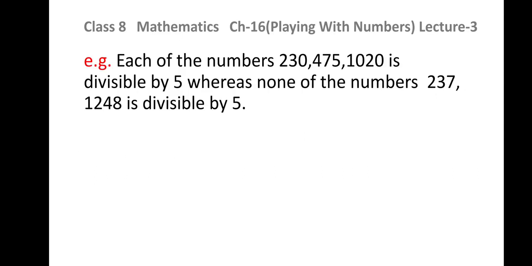So each of the numbers 230, 475, 1020 is divisible by 5, whereas none of the numbers 237, 1248 is divisible by 5. So the rule for divisibility by 5 is also very simple. You need to just check whether the units digit is 0 or 5. If it is so, then you can say the given number is divisible by 5.